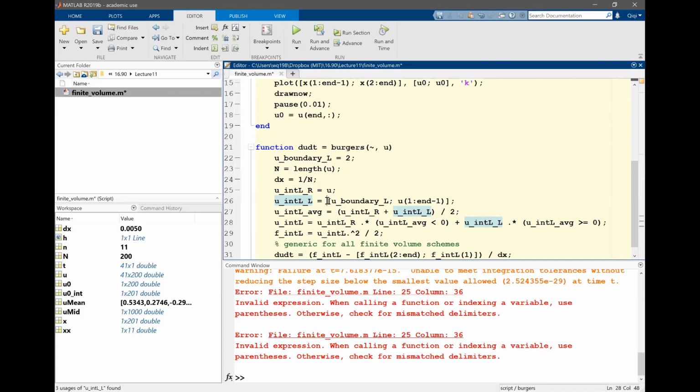So my left of the interface is actually this. But in reality, when I have boundary conditions that are not periodic, and I have n volume averages, I actually need to track n+1 interfaces.